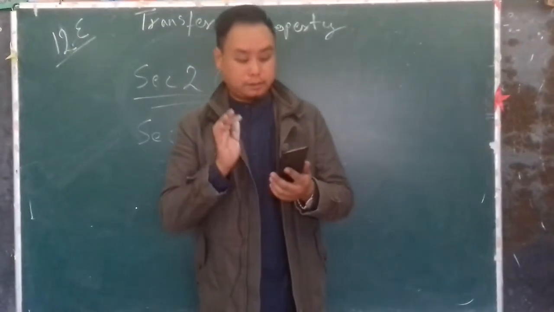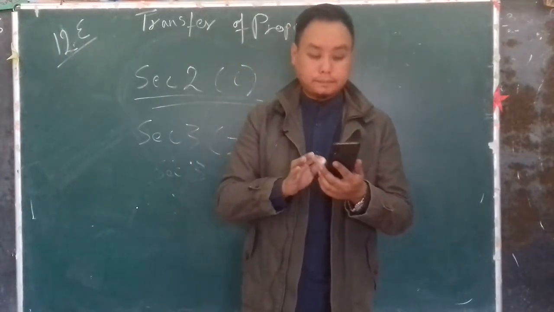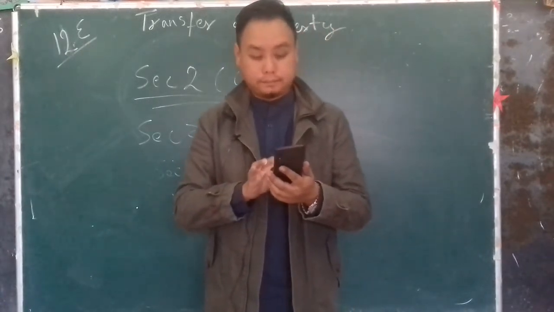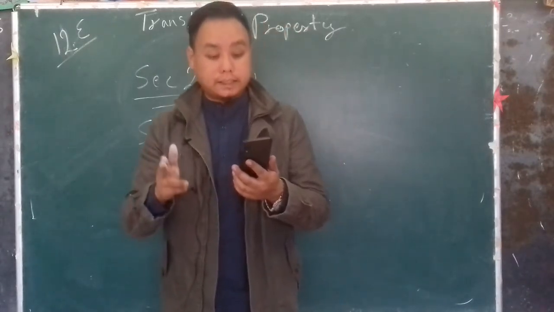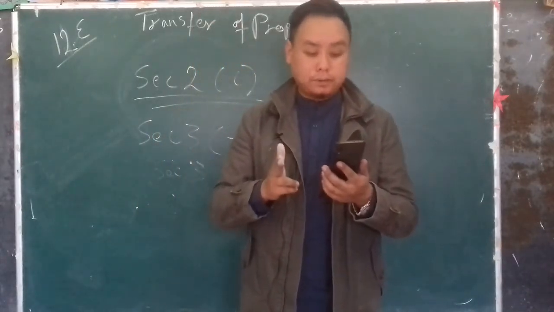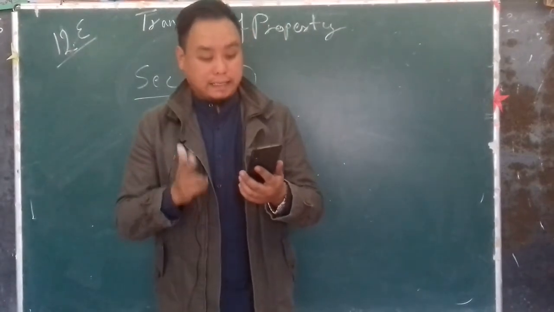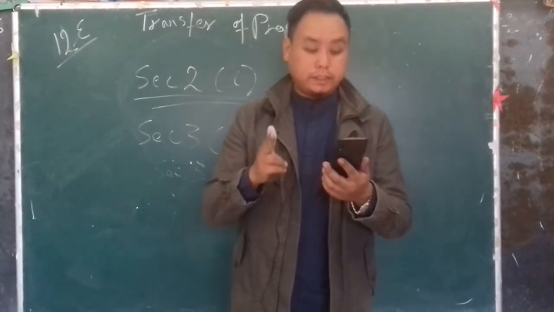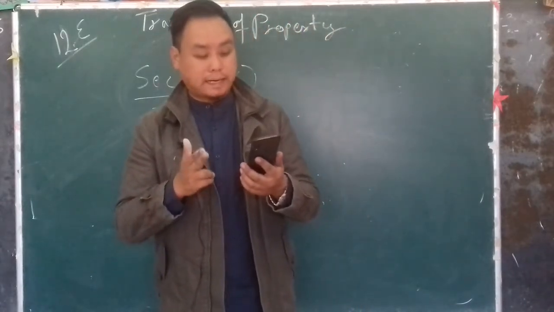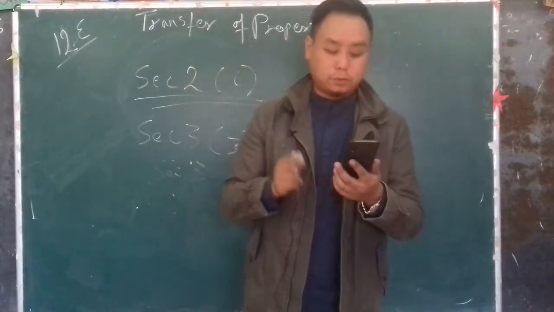Now what does this mean? Section 6 lays down 13 kinds of property which cannot be transferred, other than those enumerated below. All other kinds of property can be transferred. So what are they?